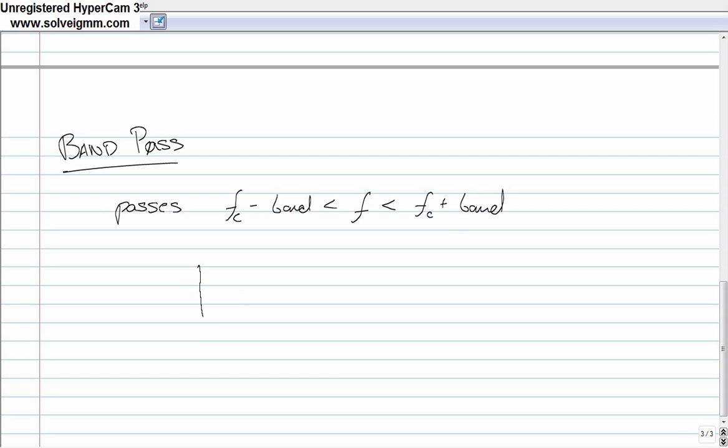If we were to look at a graph again, it would look something like that. This is what it passes. So here we have FC minus band and FC plus band.